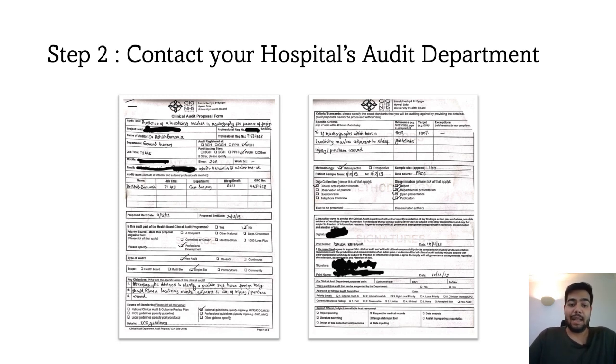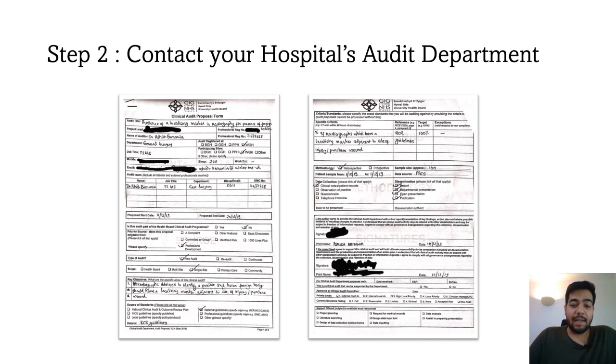And I was working in a health board which had 4 hospitals, so I chose WGH, which is Vidyabush General Hospital, and I had to put my email address, mobile number, my bleep number, and the details of the audit team. And it was just me who was conducting this audit, so I was the only one in that team.